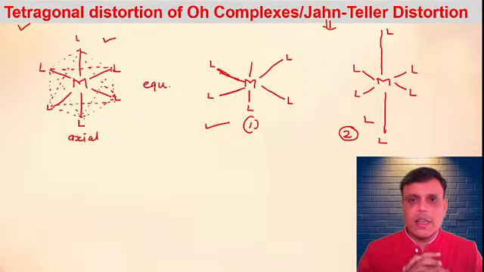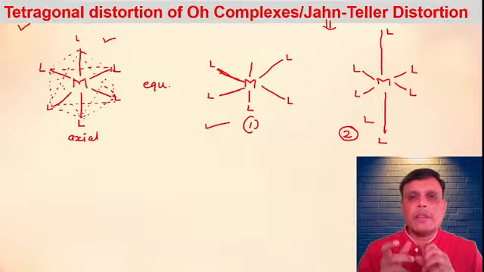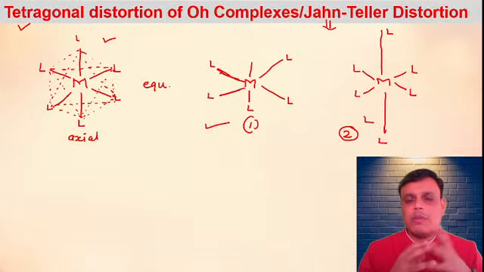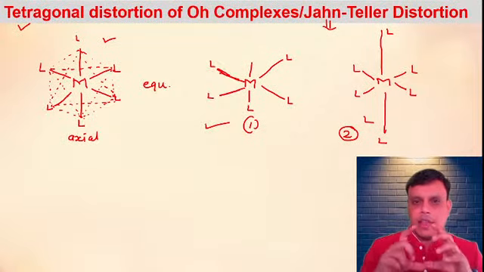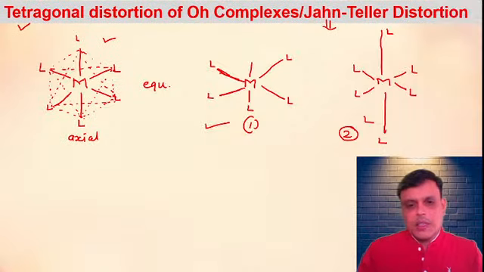Why does this axial compression take place? This first case is called axial compression, please remember this. And this second case is called axial elongation.